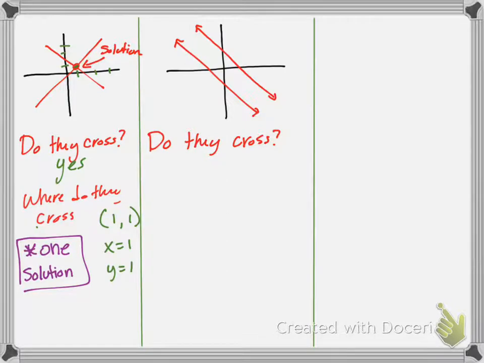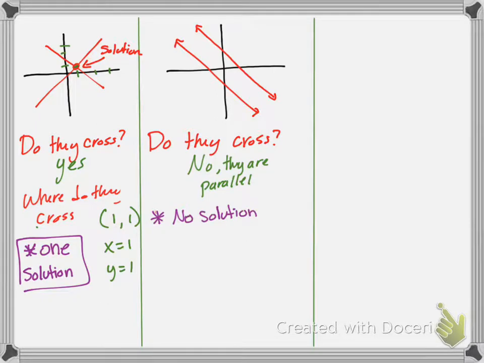On this one, we're going to say no, because they're never going to cross. No, because they're parallel. And if we say, where do they cross? Obviously, if they don't cross, they're not going to cross at all. So our solution here, because they don't cross, is going to be that there is no solution.